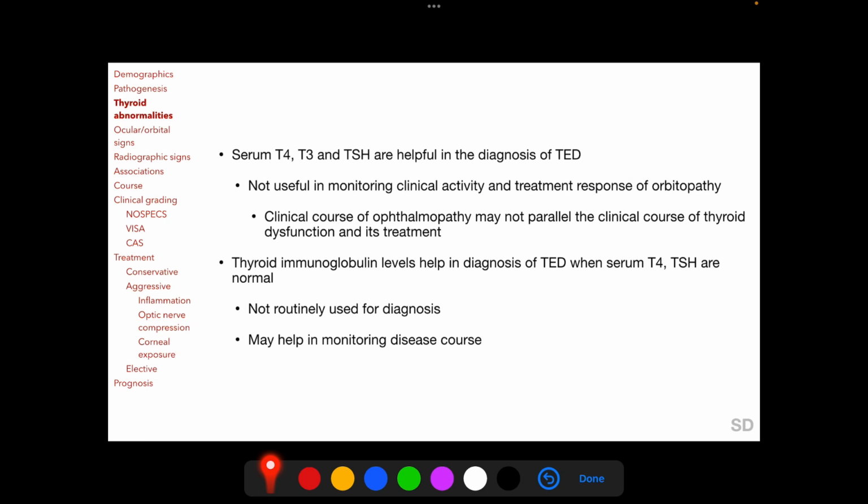But when serum T3, T4 and TSH are normal, thyroid immunoglobulin levels, that is TSI or TBII, help in diagnosis of TED, but they are not routinely used for diagnosis but may help in monitoring the disease course.